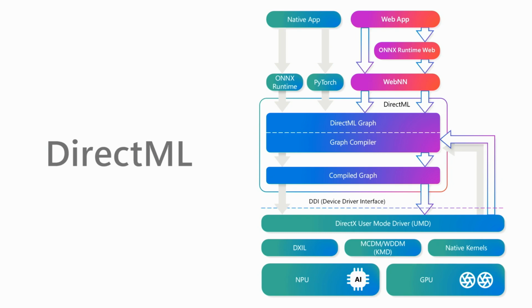DirectML integrates with popular ML frameworks like ONNX Runtime and the newly extended PyTorch support for inferencing. DirectML enables you to light up amazing AI experiences natively and now in the web with the WebNN developer preview, all to enable you to scale AI across Windows and reach the breadth of your customers.